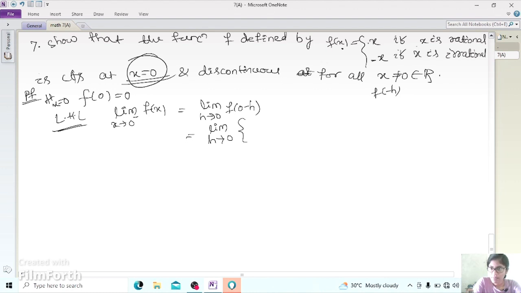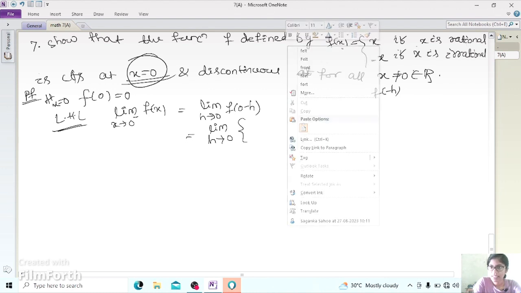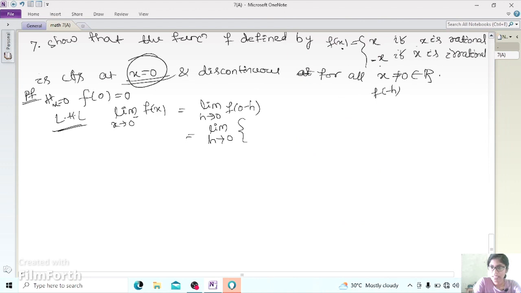Here f of x is x if x is rational, and minus x if x is irrational.